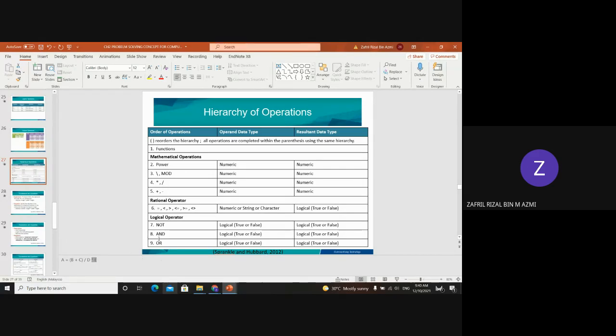Okay, so what if we have this, which is actually equal, a relational operator, with C D E F?